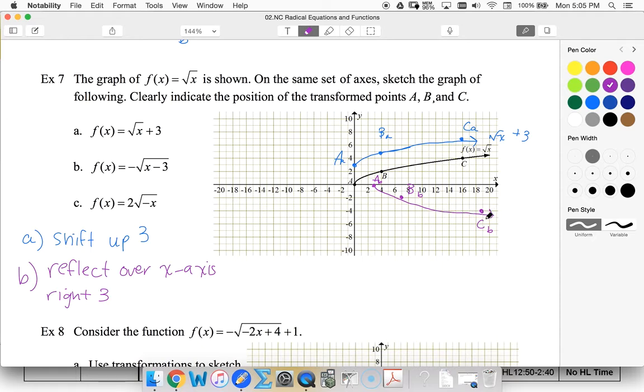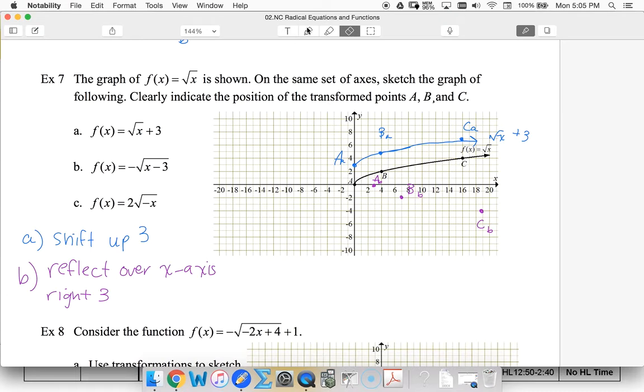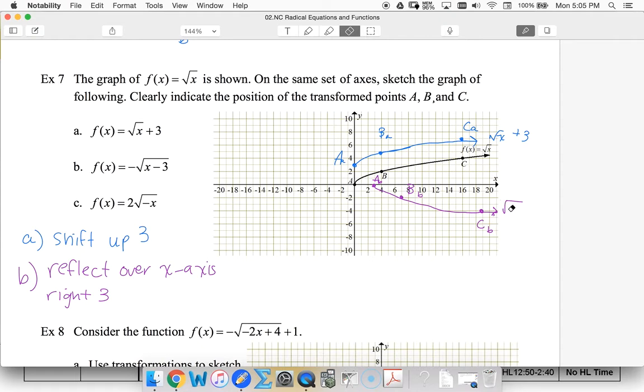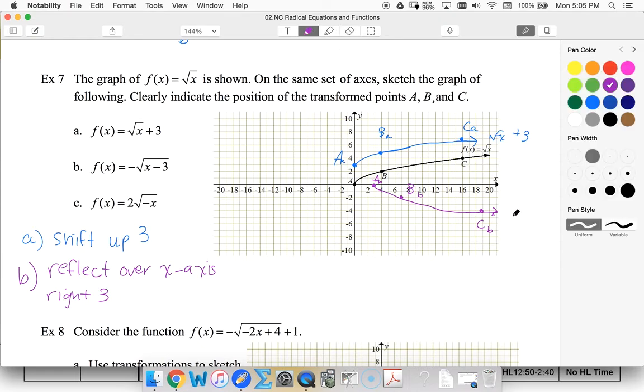Again, trying to make a smooth curve that goes through your points. Hopefully you can manage that. I've sort of got it there. All right, so that's negative square root of x minus 3, all under the radical sign there.